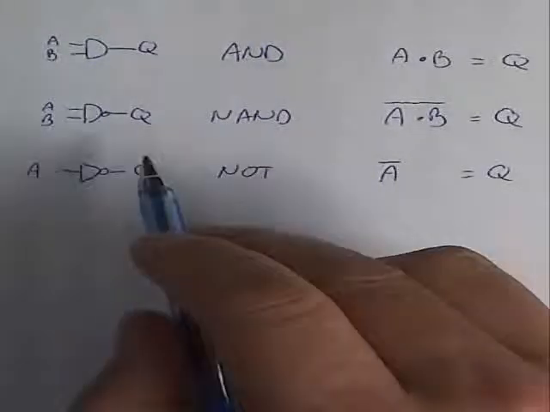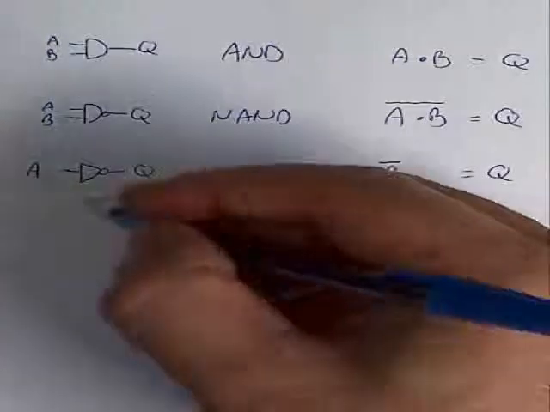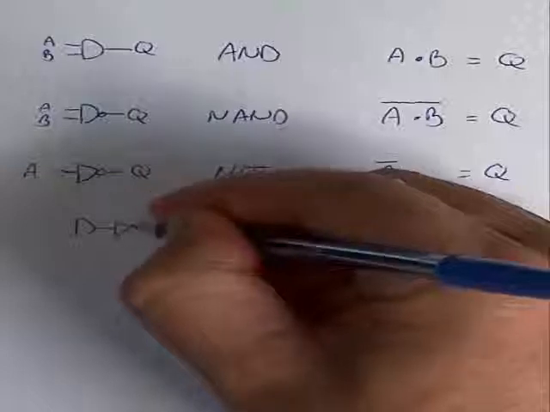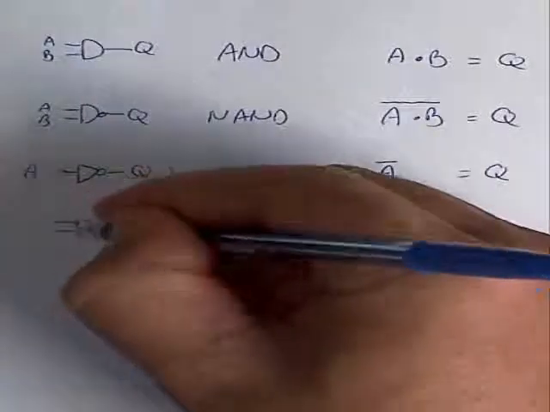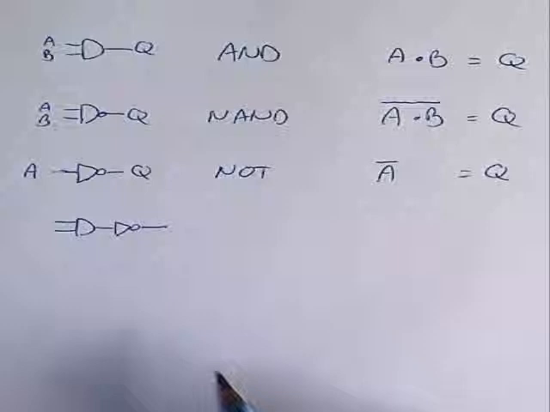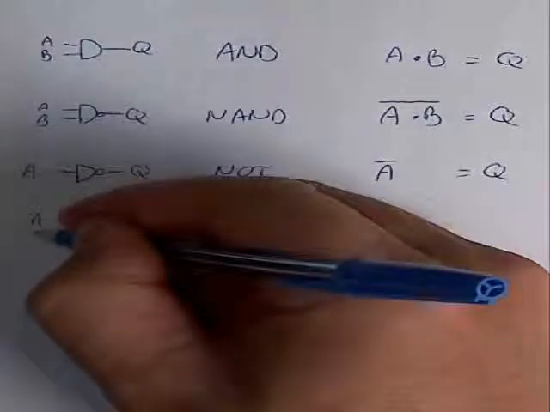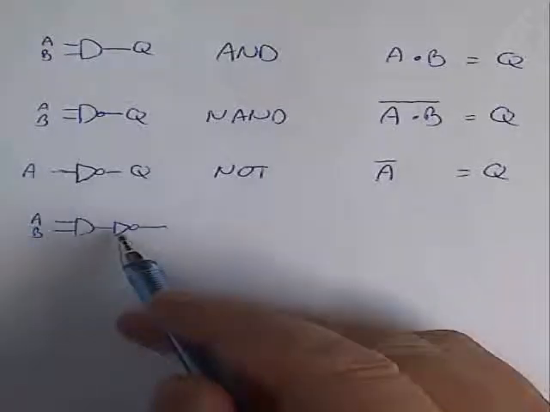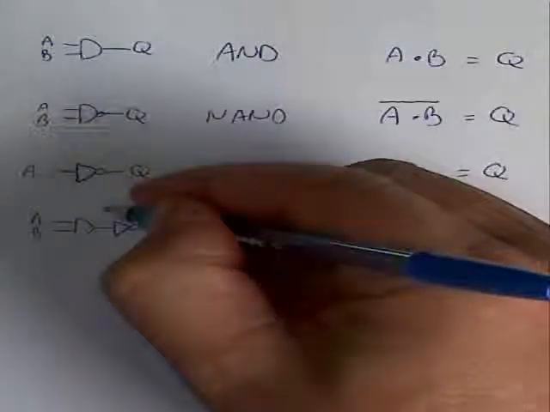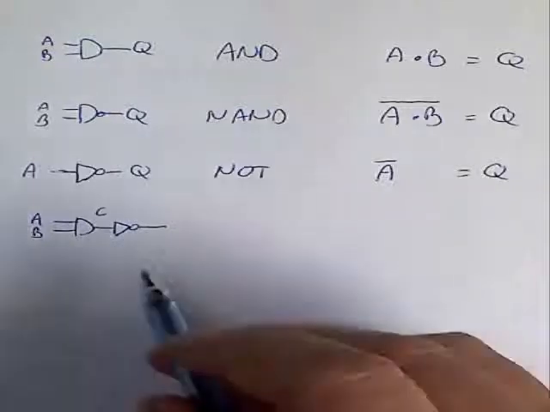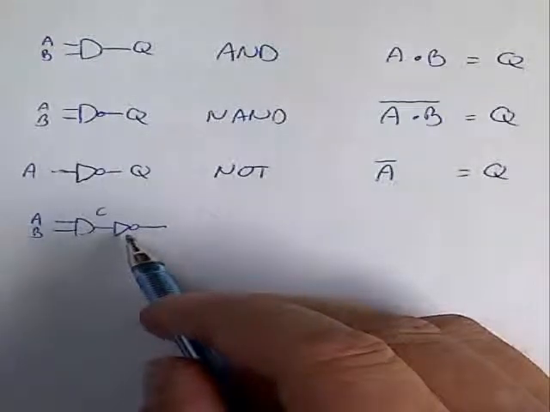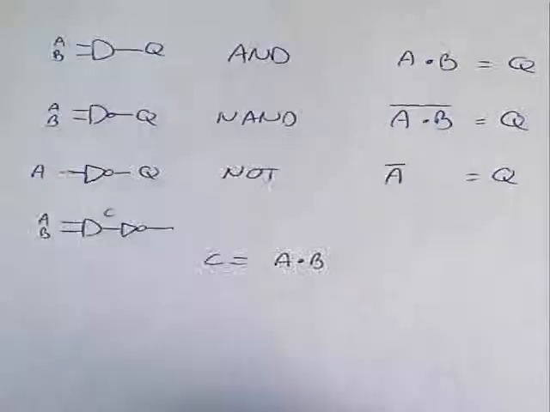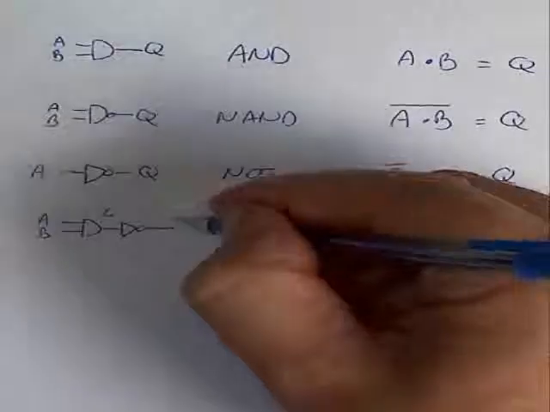To make a NAND gate from an AND gate, I simply could have an AND gate, and then a NOT gate following it. So if I've got two inputs A and B, then that output, which I'll call C, is an intermediate variable. C equals A and B, and Q is my output.